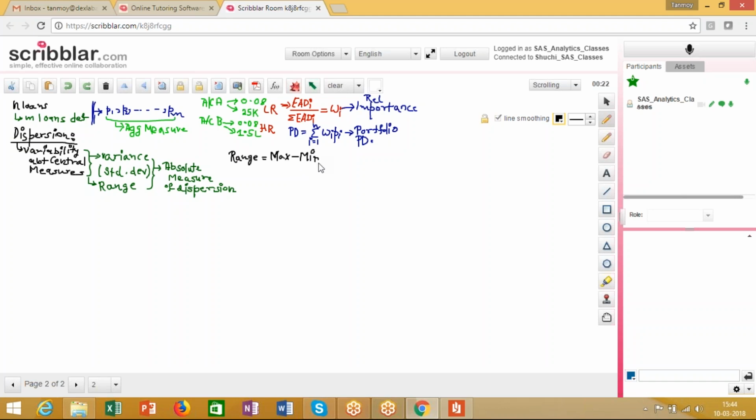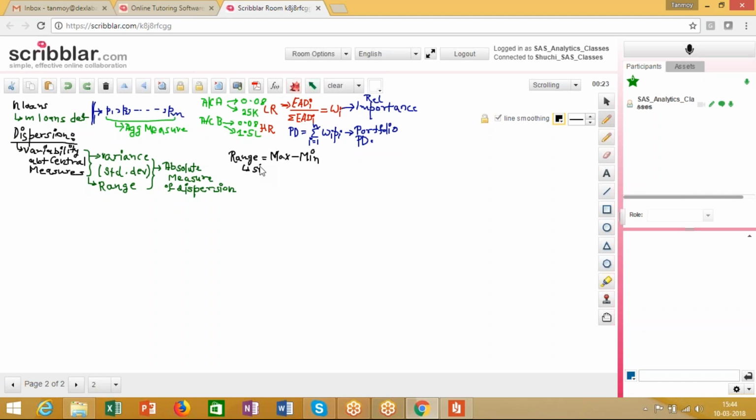So it shows the dispersion between the maximum possible value and the minimum possible value, right? Now, one very big advantage of range as a measure of dispersion is that it is very simple to evaluate.